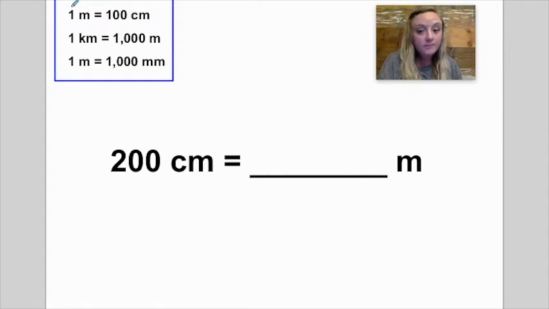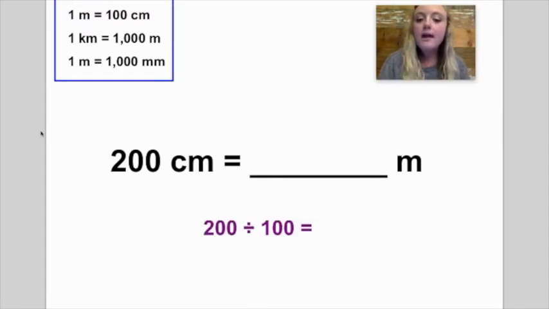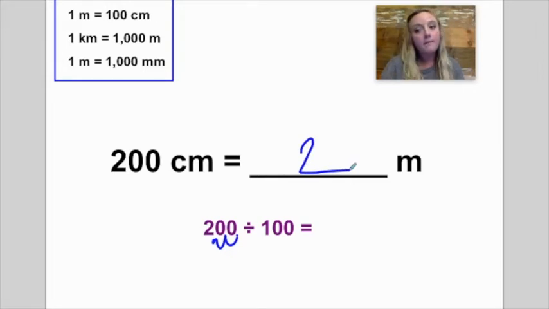So our equation is 200 divided by 100. Now, if I wanted to, I could put a decimal point at the end of my whole number here, and when you divide by 100, that's just 10 times 10, so that's 2 zeros. I would move that 1, 2 places, but I know that 200 divided by 100 is 2. So 200 centimeters is 2 meters.